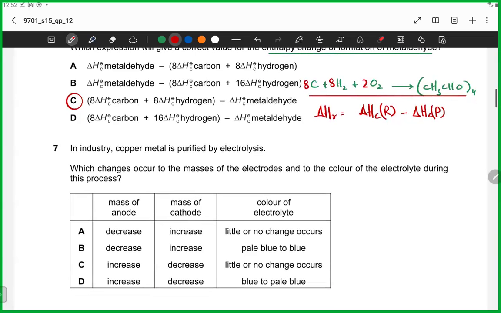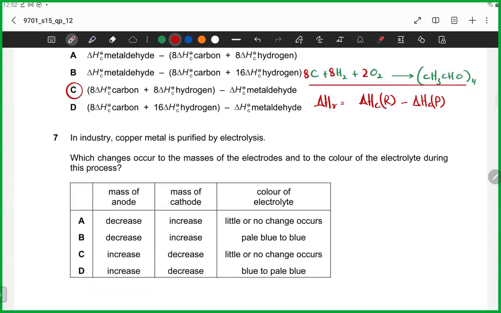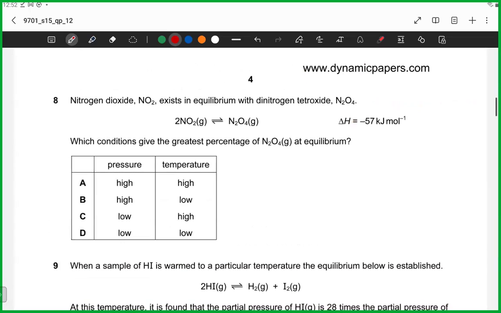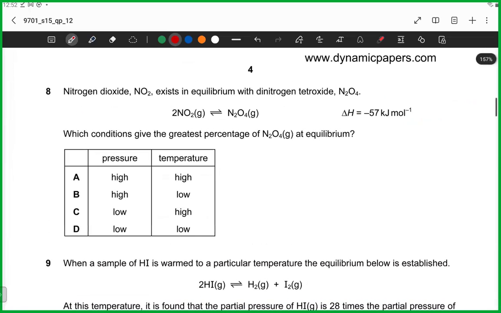Okay, so copper metal is purified by electrolysis, which change to the mass of the electrolysis is not in your course. So N2O4, you want the greatest yield of N2O4. So what is going to push the equilibrium to the right?